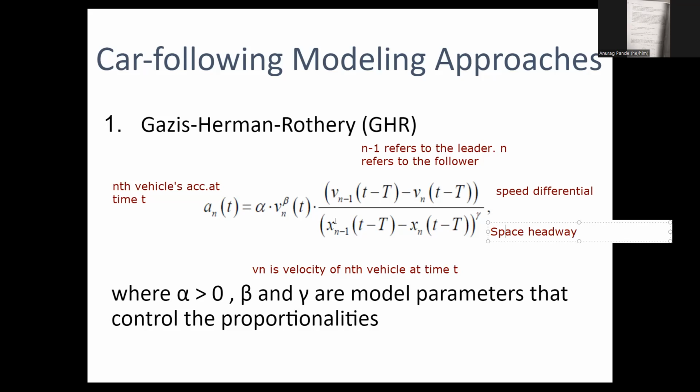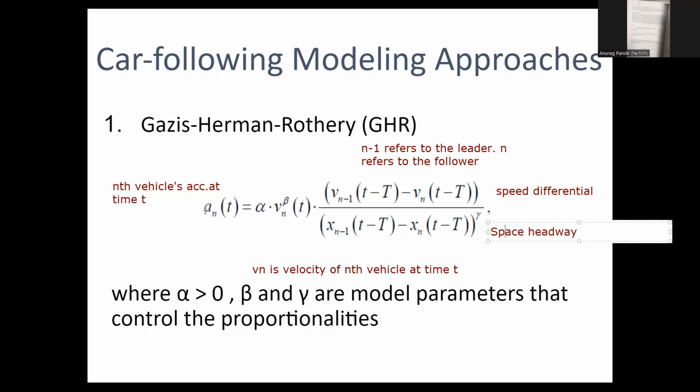It's proportional to the speed differential, but inversely proportional to the space headway. If the gap is large, then the acceleration at time t won't be as affected by this whole thing.